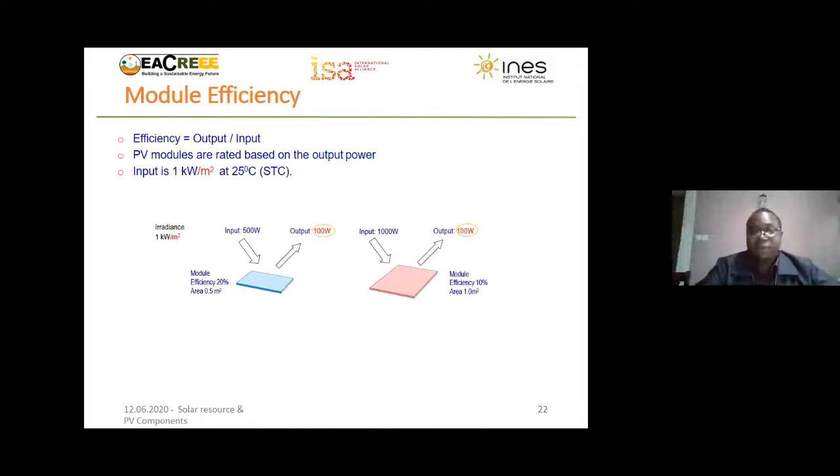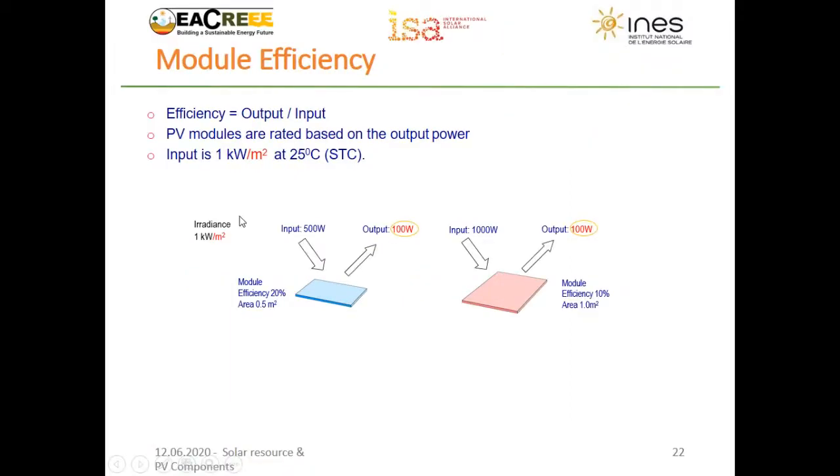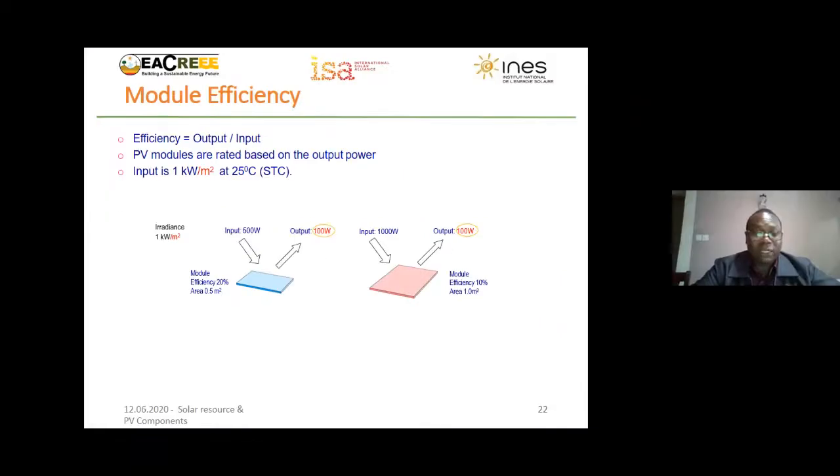So when you look at the diagram, the two figures that I've just flashed out are trying to show the effect of efficiency of a cell.